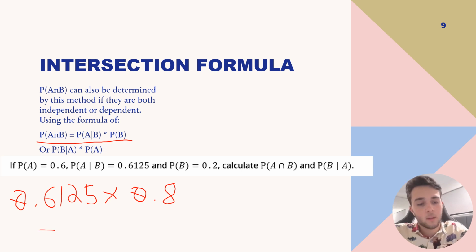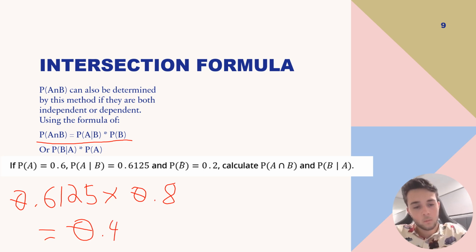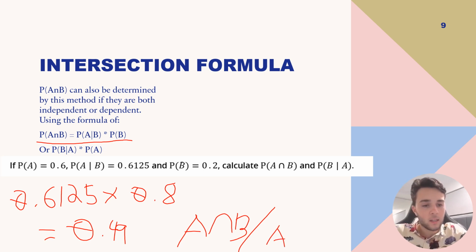And now that number, allow me to grab my calculator, should be within the realms of 0.48 something. 0.6125 times 0.8, 0.49. Okay, and now probability of B given A means that you need the intersect A intersect B, and you need to divide that by the probability of A, which we have here.